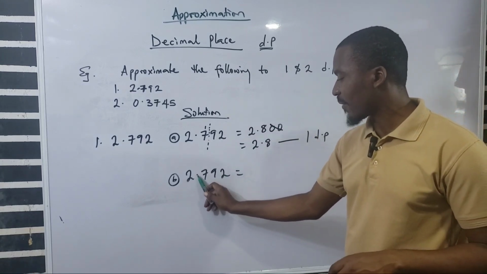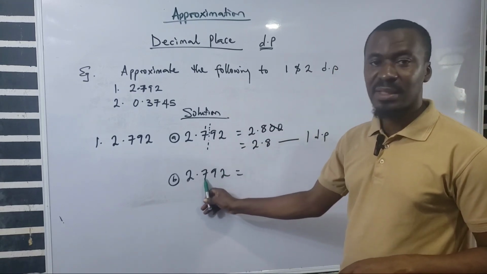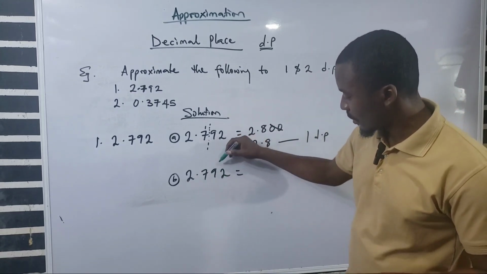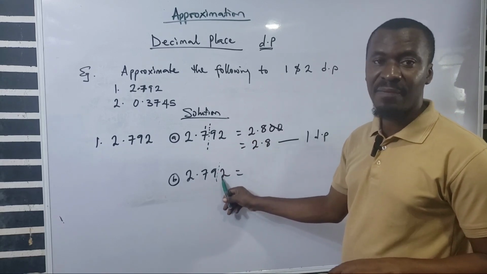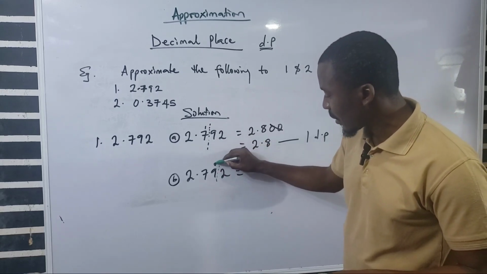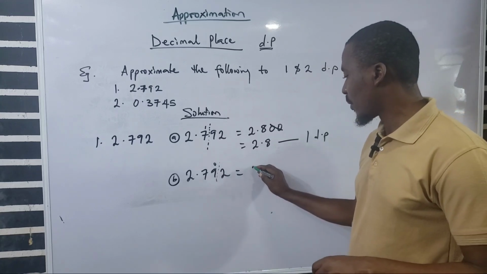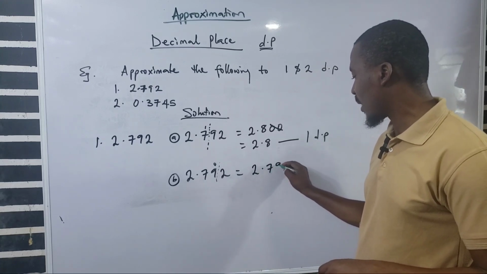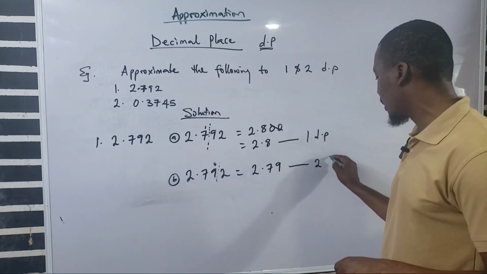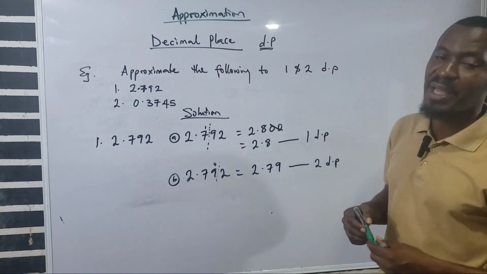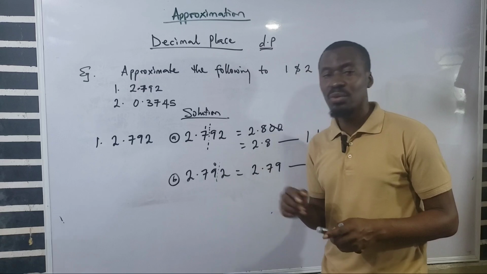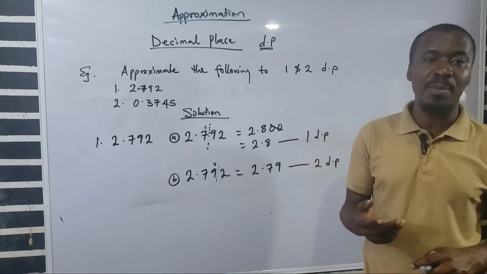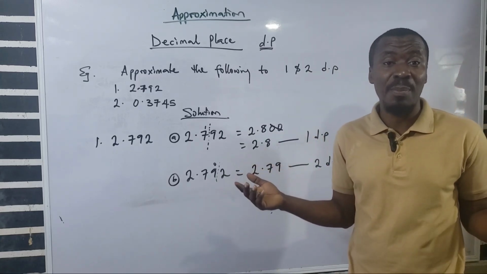So we count 2 numbers after the decimal point, 7 and 9. We put our line. Is 2 up to 5? No. So we add 0. That will give us 2.79 in 2 dp. Now, a question: what if 2 is up to 5? What is going to happen?